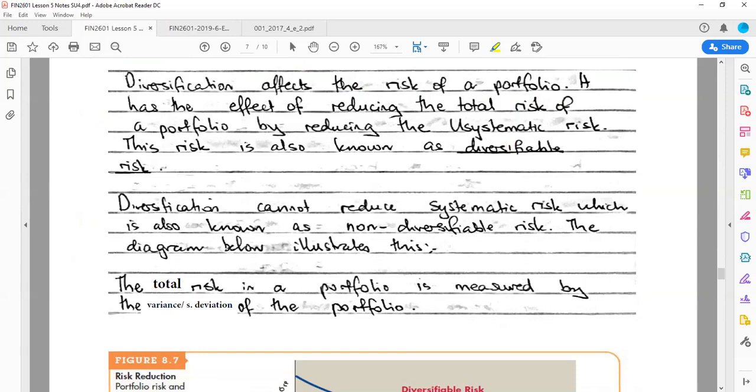Diversification is good because it has the effect of reducing the total risk of a portfolio. If your portfolio has many different investments in different companies and different assets, that reduces the total risk of the portfolio. This happens by reducing the unsystematic risk.